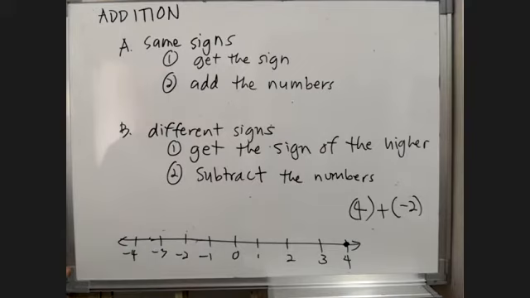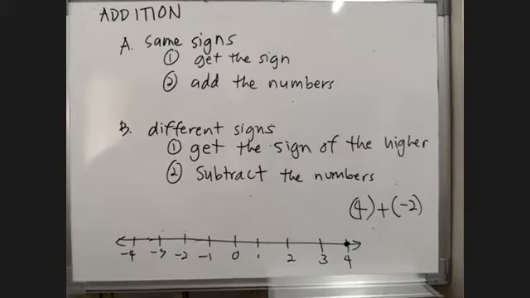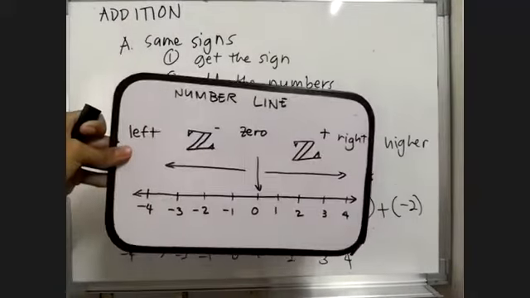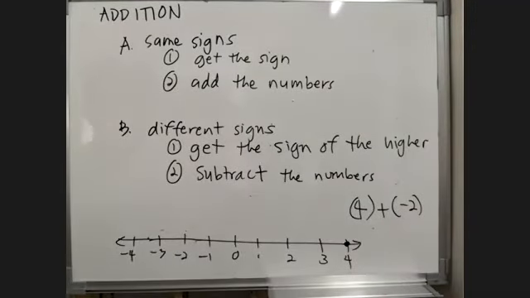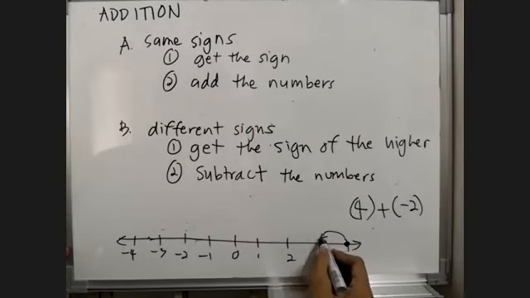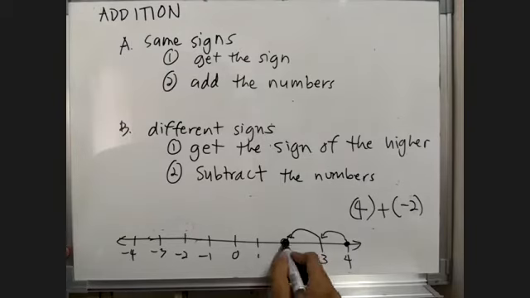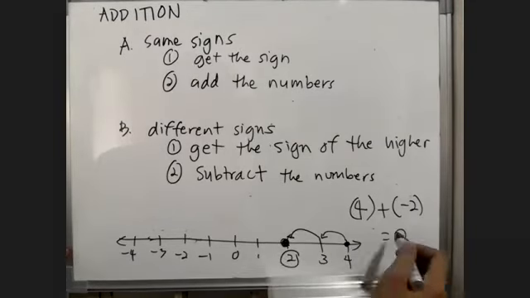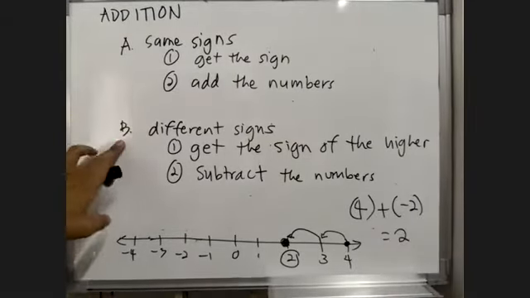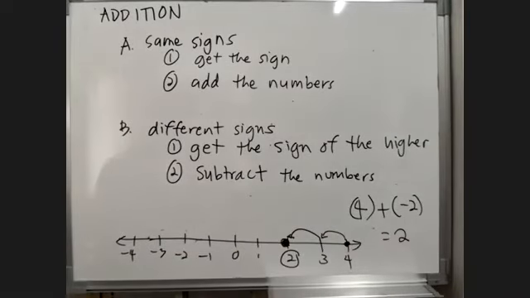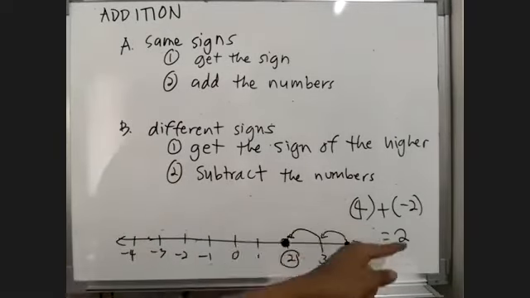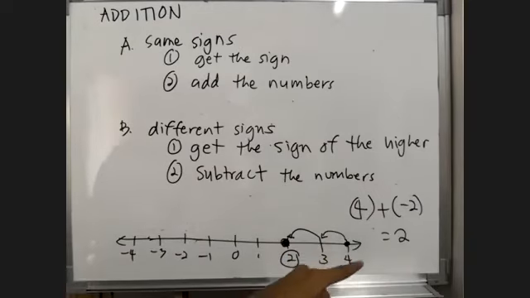Add ka ulit ng negative 2. So ang nature niya is going to the left 2 units. So magiging 1, 2. So ang sagot natin is 2. Oh. Sa shortcut natin, we have different signs kasi yung isa positive, yung isa negative. We get the sign of the higher, which is mas mataas yung 4, kaya kunin natin yung positive. Then subtract lang natin yung number. So 4 minus 2. Okay tayo kay addition.